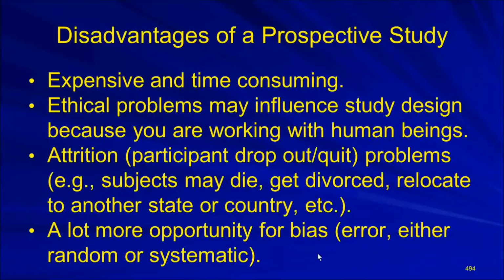Systematic error has to do with, for example, the poor design of a questionnaire. That's systematic because it's going to occur every time you administer it. Or if you have a phlebotomist that's unskilled in the beginning and becomes more skilled later on, that's a systematic error. Okay, we will cover calculating risks next.